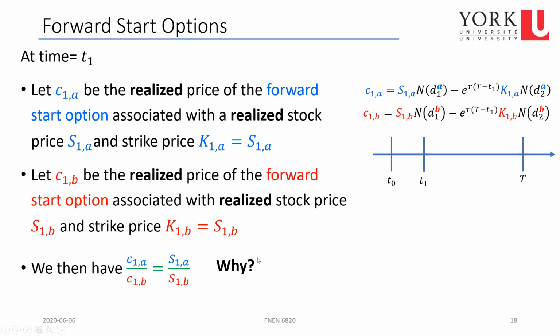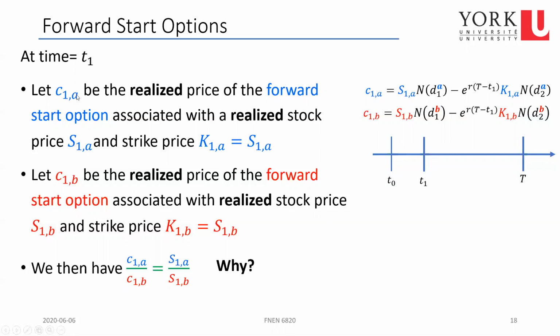Say, for example, there are two realizations. One is scenario A, and the other is scenario B. In scenario A, there's some realized price. The subscript 1 here means the forward starting time T1, okay?